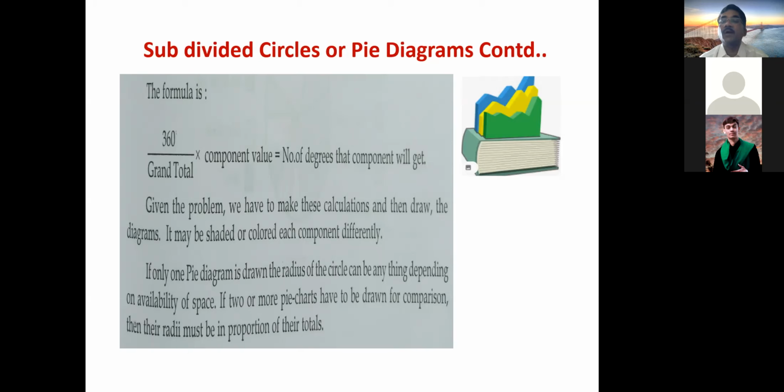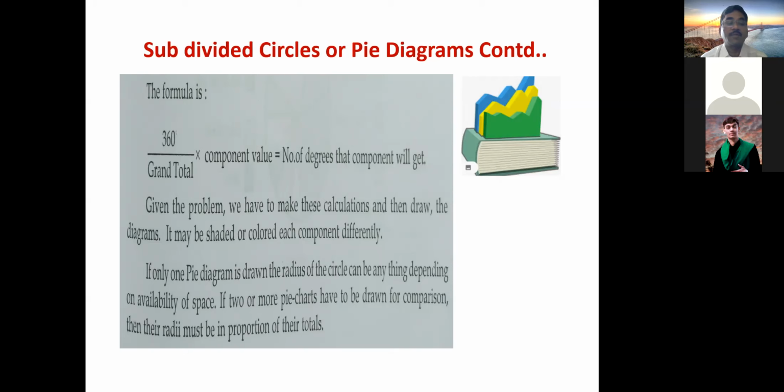Because you are incorporating more components, so for identification purpose you need to expand the size of the chart so that the components can be easily visible. So on the basis of the components, on the basis of variables, the pie chart size has to be decided. That is one thing.